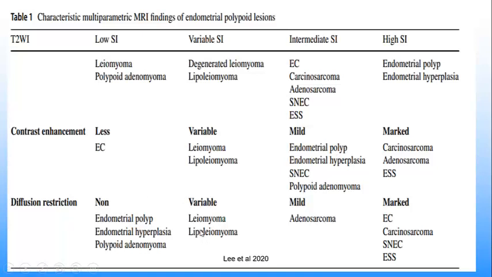Sometimes we cannot differentiate between leiomyoma and leiomyosarcoma by diffusion, because sometimes the cellular leiomyoma causes restriction. But we can depend on the ADC value. The ADC value will be lower with malignant lesions. Mild diffusion restriction is seen with the adenosarcoma, and marked restriction with the endometrial carcinoma, carcinosarcoma and stromal tumors.